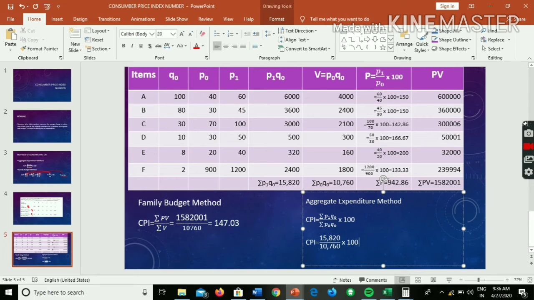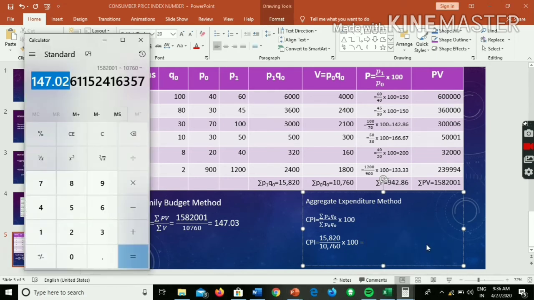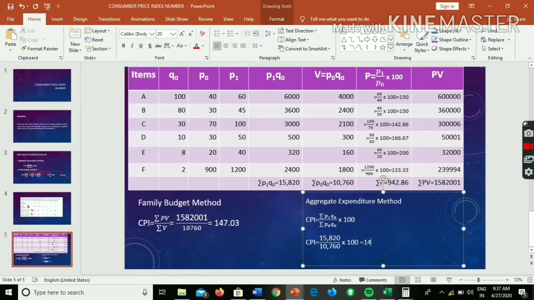So 15,820 divided by 10,760 into 100 also gives the same answer, 147.03. So approximately the values in family budget method and aggregate expenditure method remain same.